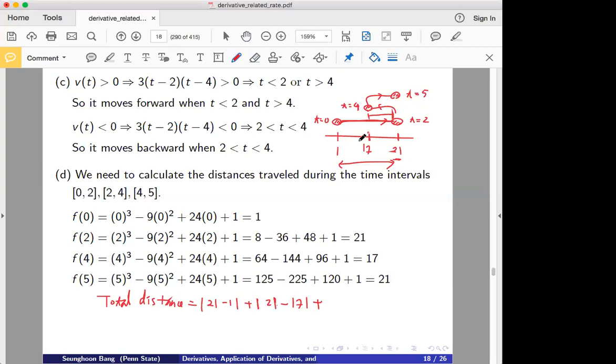Plus the next piece here, the same length, 17 to 21, so 21 minus 17. So here, 21 minus 1 is 20, plus 21 minus 17 is 4, plus again 4. The answer is 28 meters. This is the total distance. This is the idea.